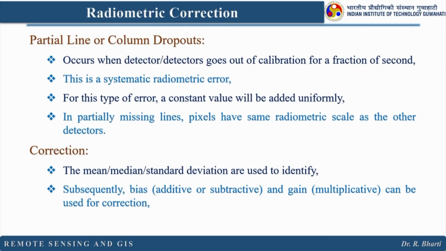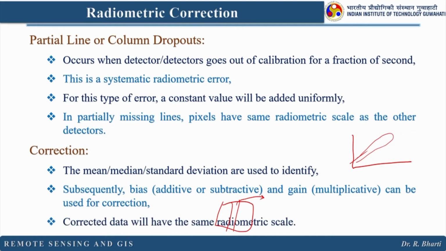So, here you will plot with the surrounding pixel, and then you will find the offset and gain bias using this, and then you can easily correct those bad pixels, right, which have relatively higher values, and the corrected data will have the same radiometric resolution.